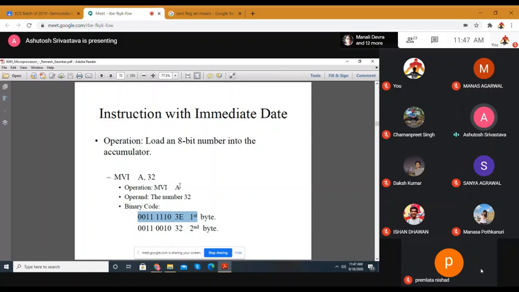This is what exactly your machine understands. When there is an operation required by the programmer, in which the operation MVI A is required, it will only happen when its equivalent binary form is introduced to the microprocessor. So the microprocessor only understands this.